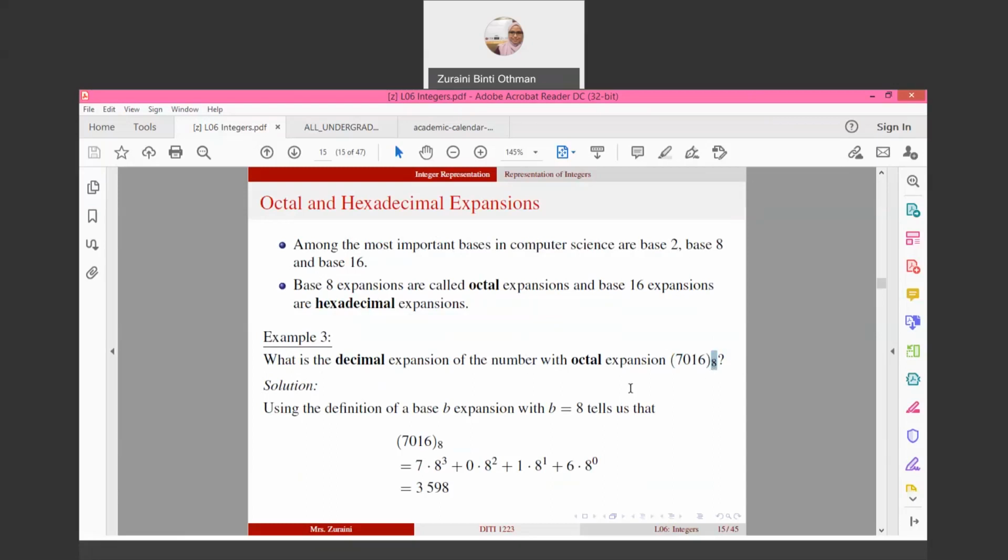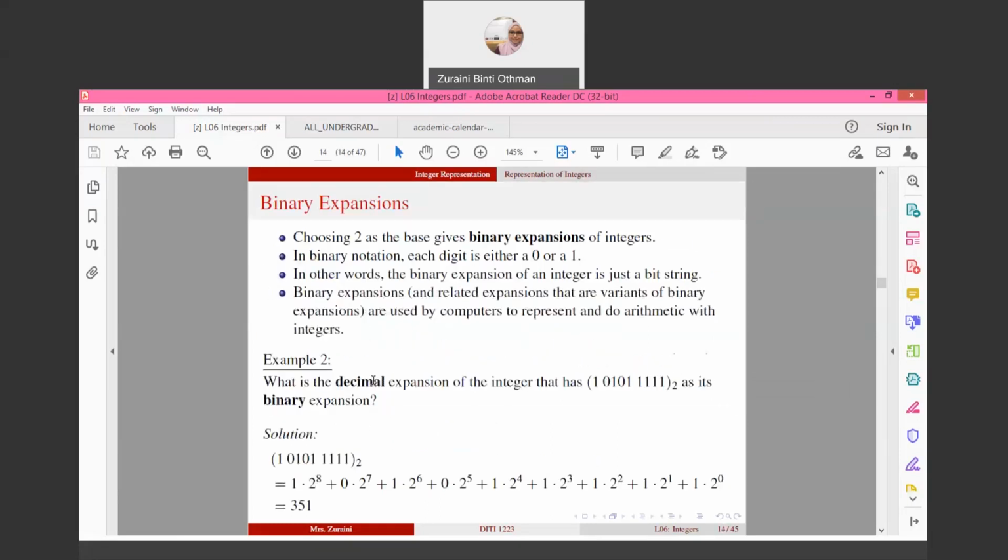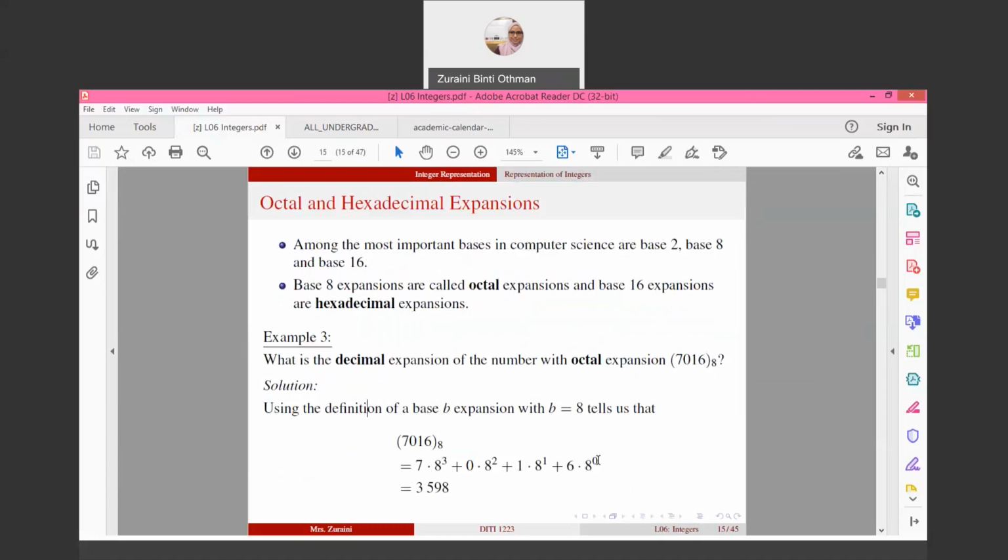Okay. Kalau kita ada 7016 base 8, we want to expand it into decimal. Okay, so now like previous by using theorem 3, here we have to times it with the base 8.